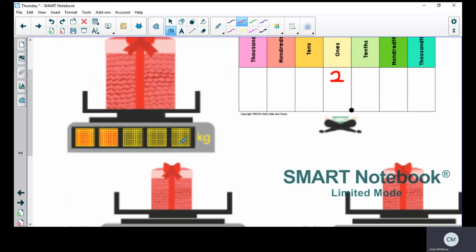There's no tenths and there's no hundredths coloured in. So we're not looking at what's shaded in blue, we're looking at what's shaded in red. So there's just 2 whole numbers here. There's no tenths and there's no hundredths. So you can write it as 2, or you can write it as 2 and then the decimal place and put in 0 and 0. But you don't actually need these zeros because they're just placeholders.